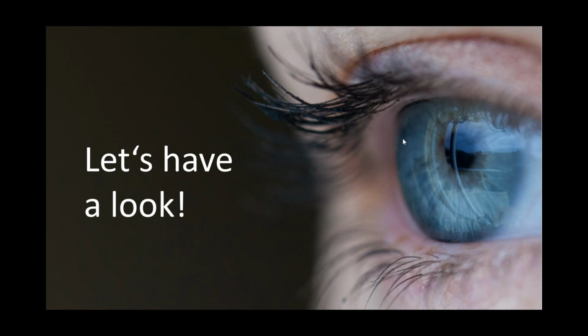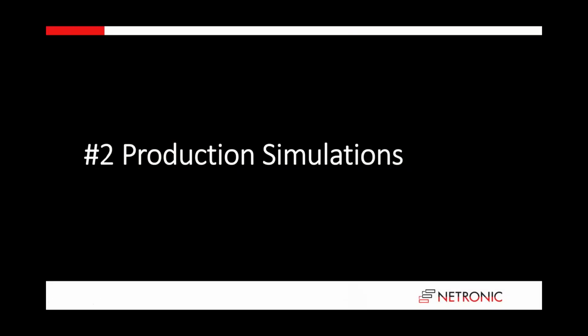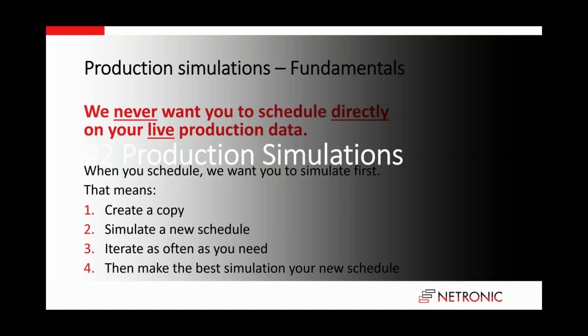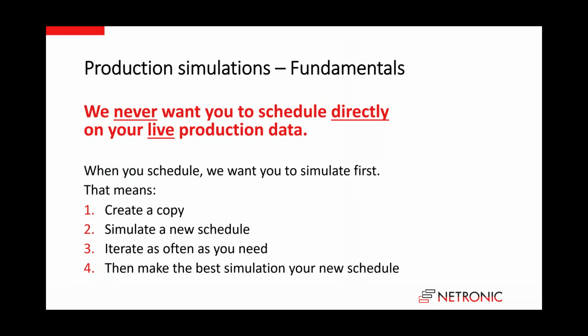Okay, so then let's continue with the second element that makes the VAPS advanced, and this is what we call the production simulations. And here the idea of the production simulations is we never want you or your customers to schedule directly on the live production data.